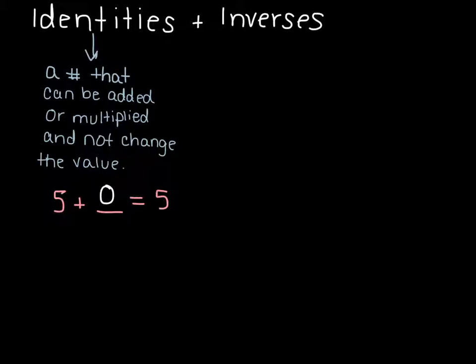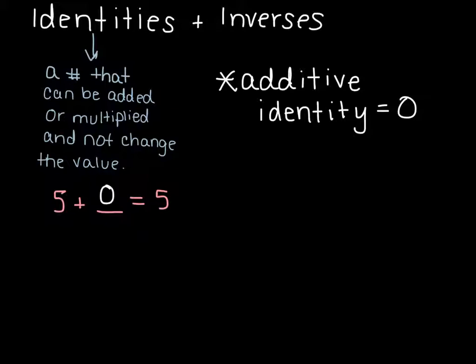Because you can add 0 to anything and not change its value. 3 plus 0 is 3. 12 plus 0 is 12, okay? So the additive identity is 0. No matter what, if you're talking about addition, the identity term is 0, okay?